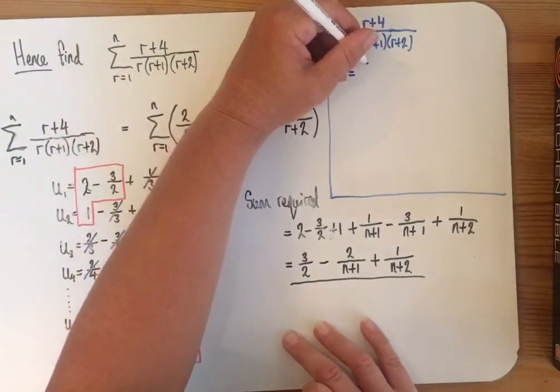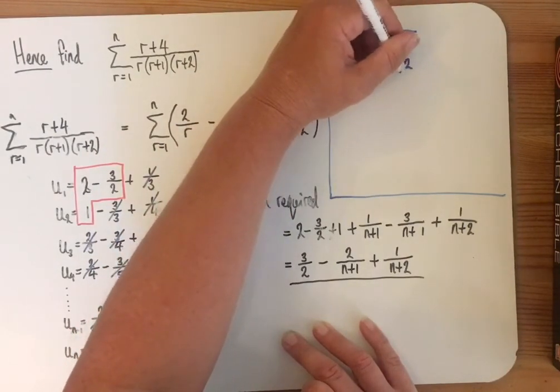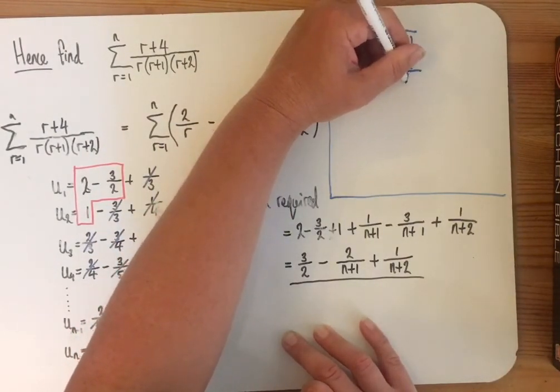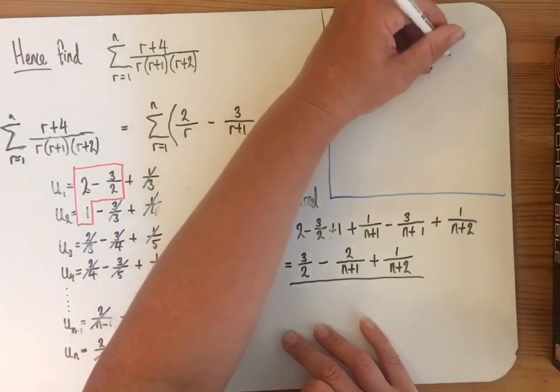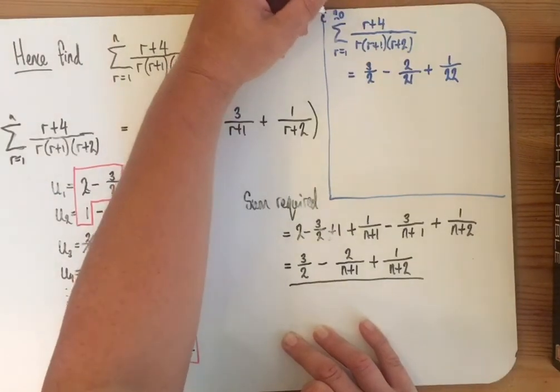So that's equal to 3 over 2 minus 2 over 21 plus 1 over 22. So that's kind of part C.